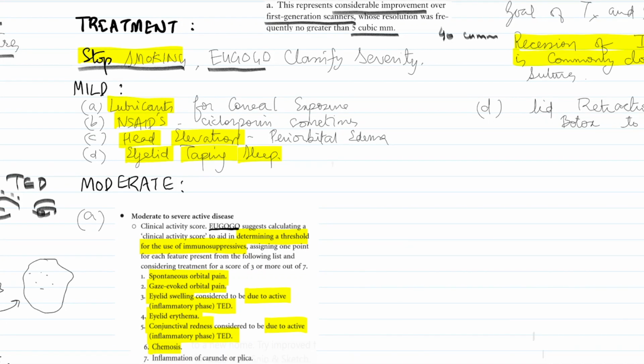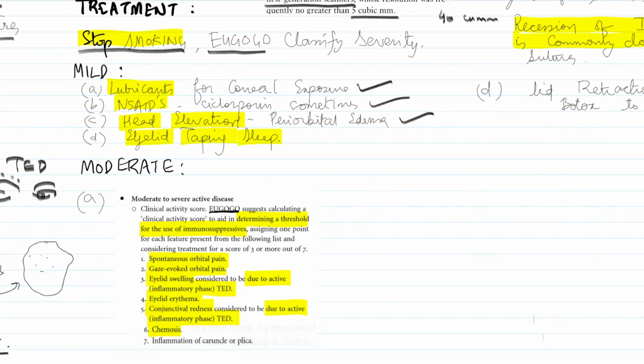So for mild disease, you can go for lubricants for corneal exposure, then NSAIDs to control the inflammation, then head elevation might help with the periorbital edema if it really hinders the patient's vision. Then eyelid taping. Eyelid taping is generally done because the patient is not able to close his eyes properly.